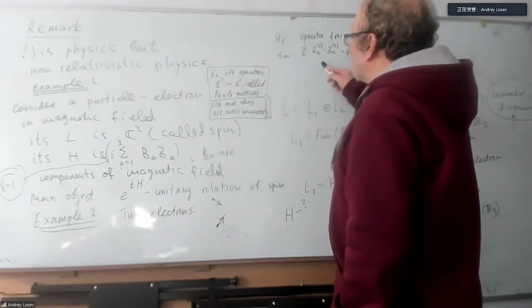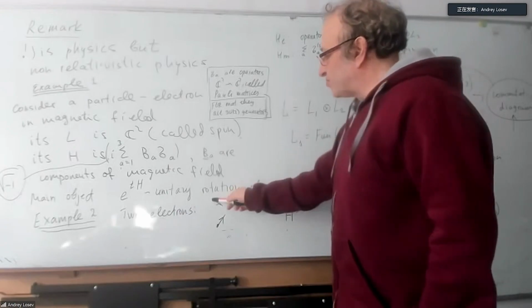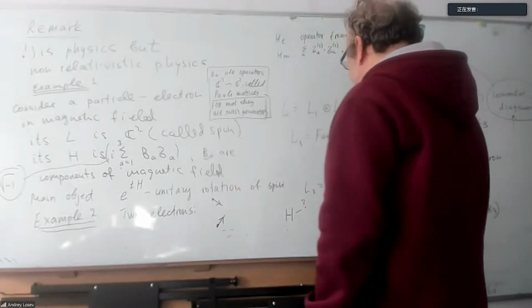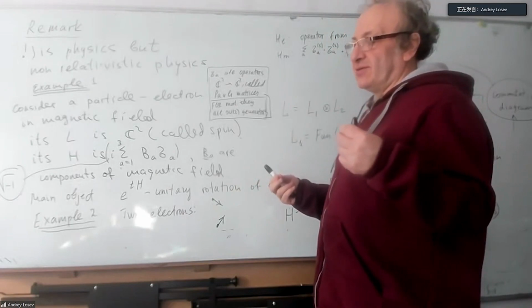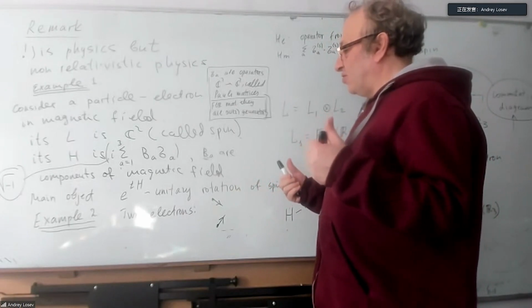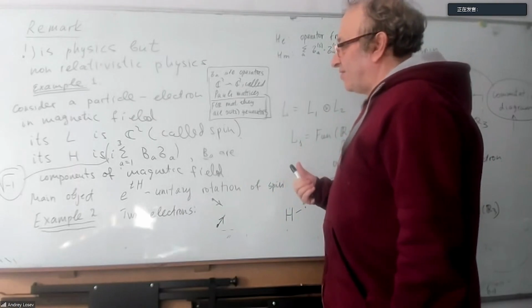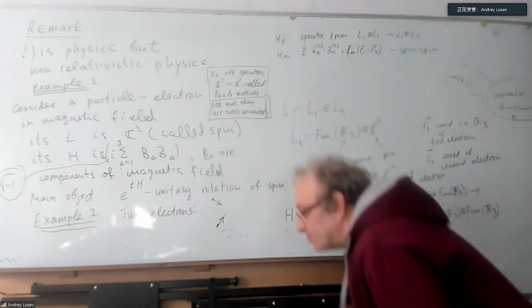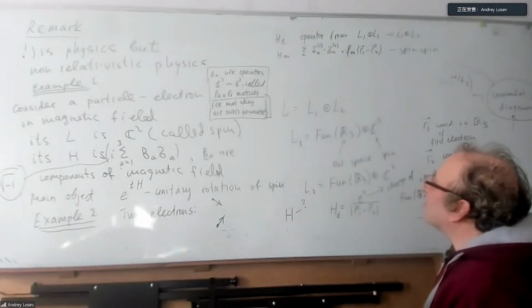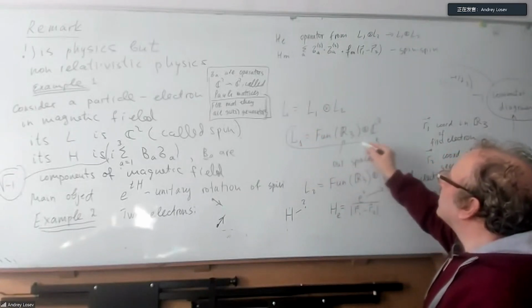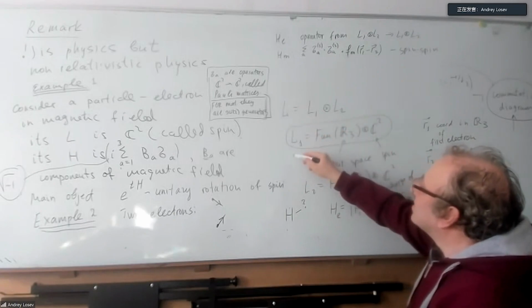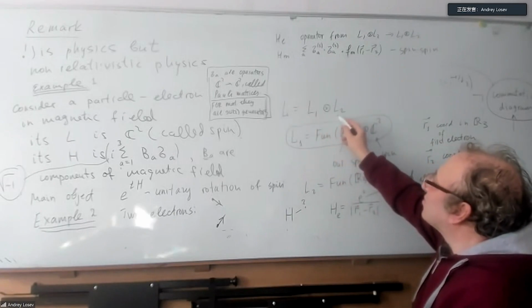In the real world, if you have two electrons, there are positions of these two electrons, but they also have this mysterious spin. So that's why the space of one electron is L1, and the space of the second electron is called L2.